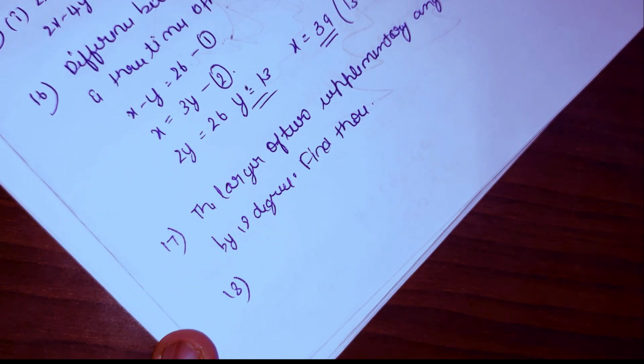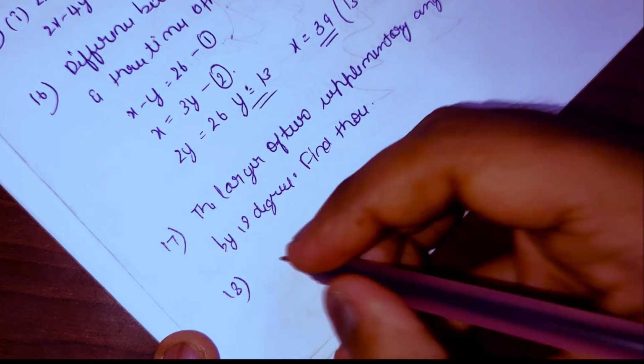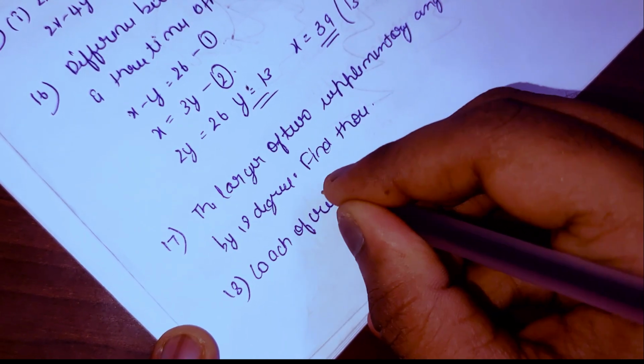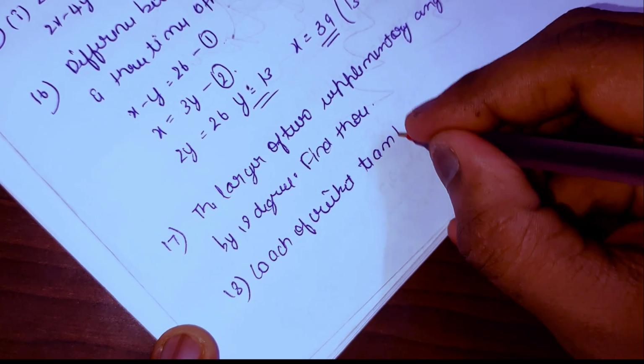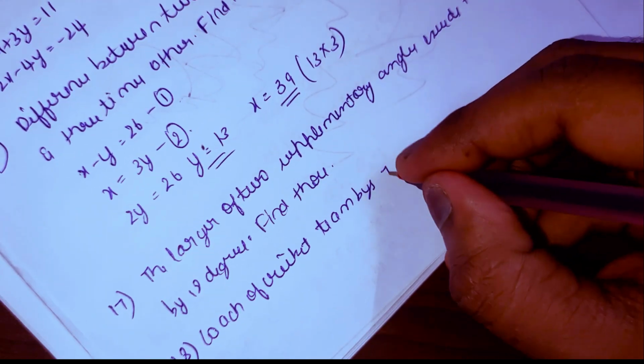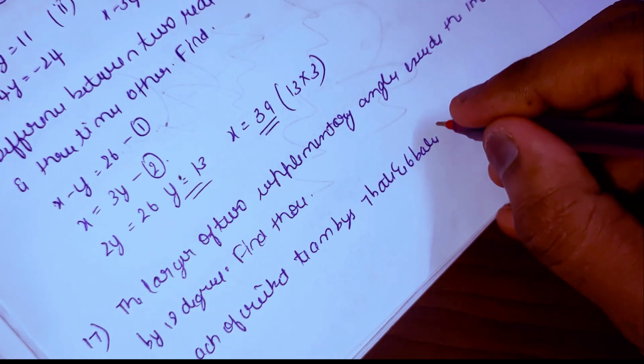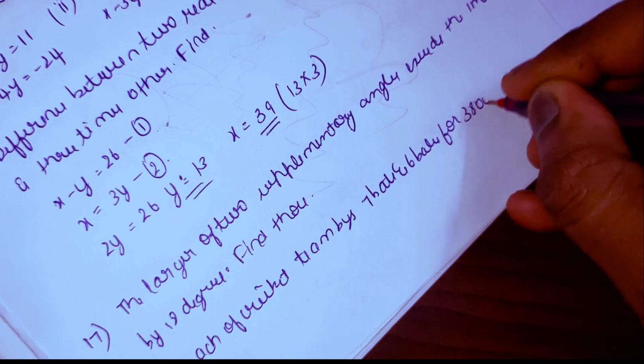18th question. Coach of a cricket team buys 7 bats and 6 balls for 3,800 rupees.